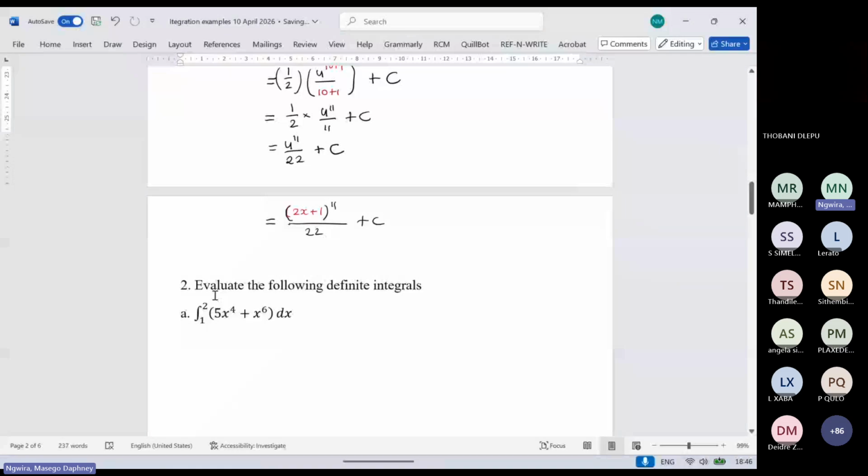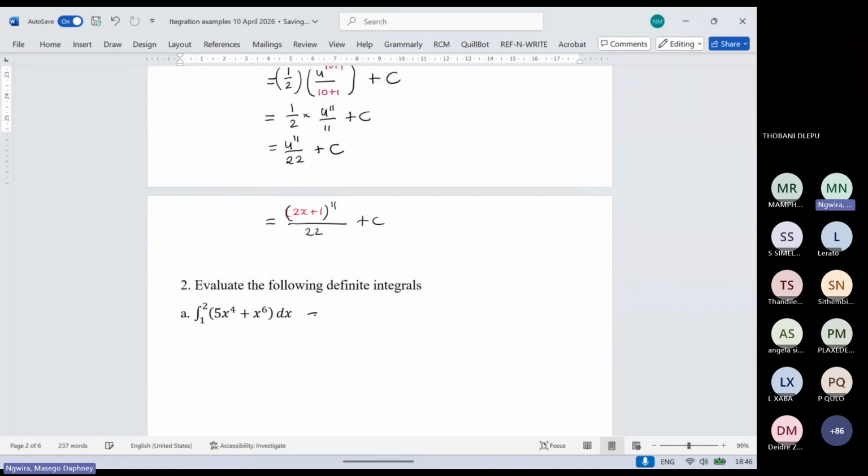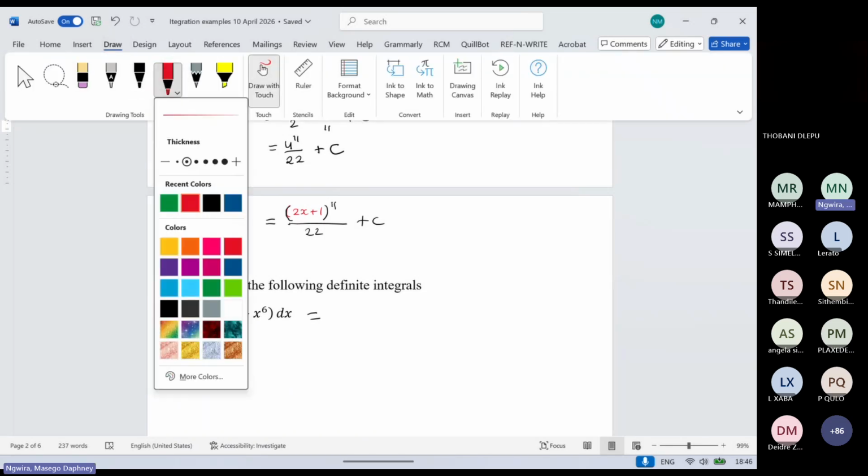So here when we evaluate, we first need to integrate and then we can evaluate. So when we do this one, we are going to find the integral of this one. Let me do it on the side.